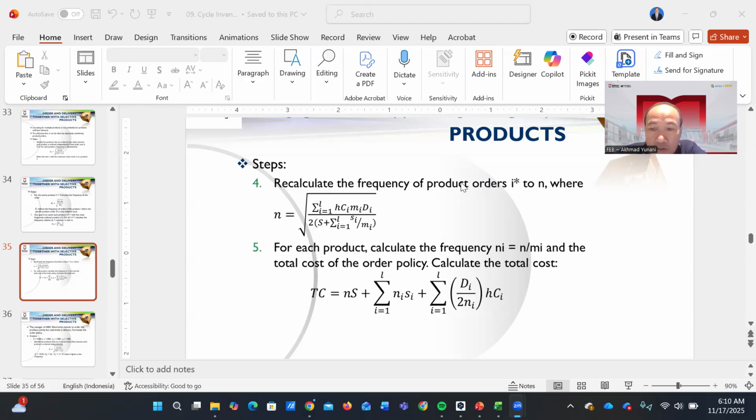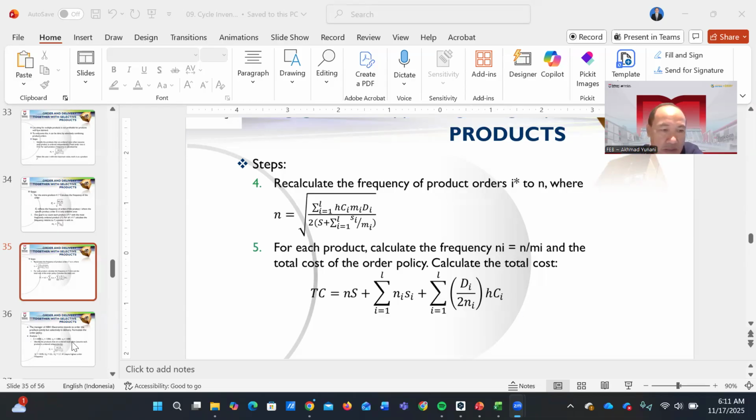The total cost can be calculated by adding NS plus NI times SI, from i equals 1 until L, plus DI per 2 times NI multiplied by little h times CI for i from 1 until L.